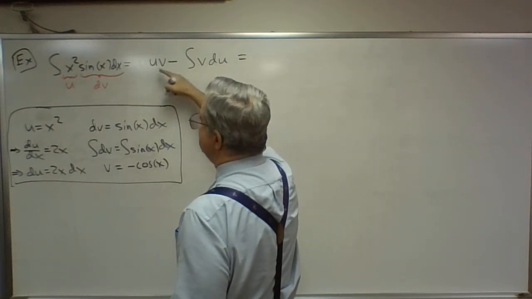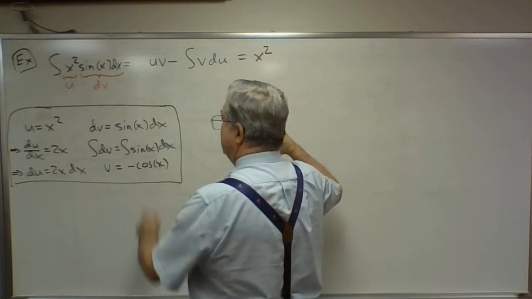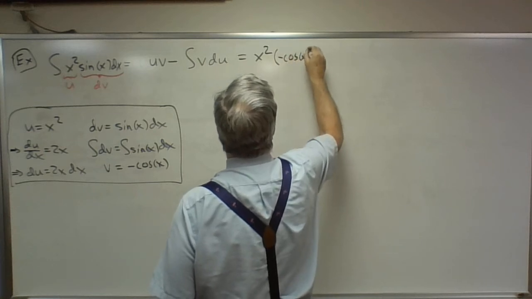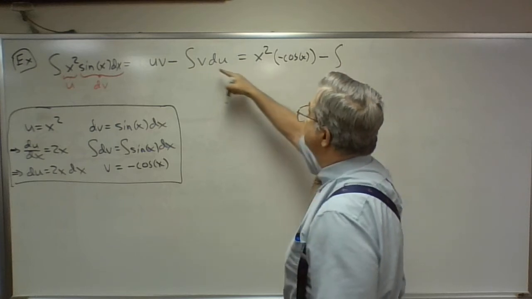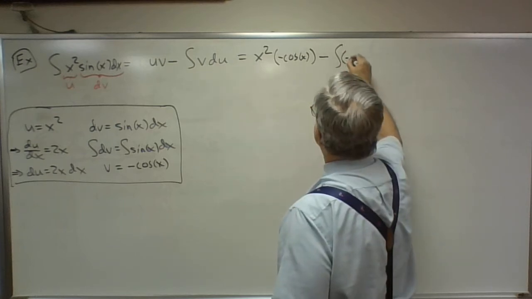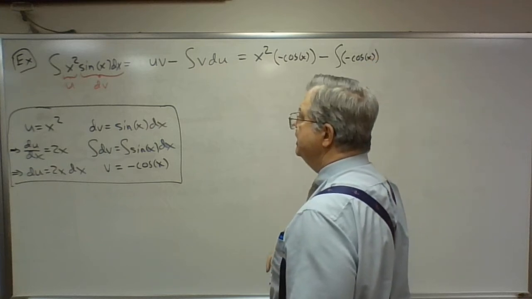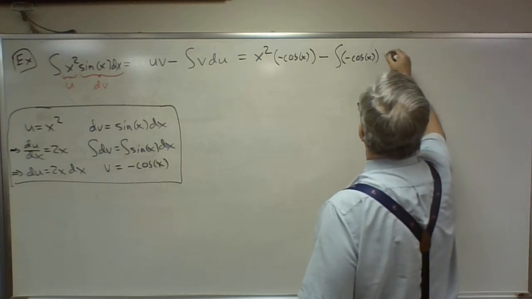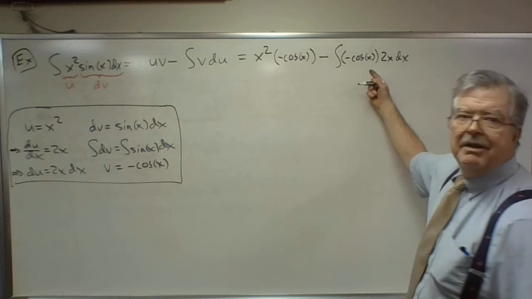We get uv: x squared times negative cosine of x, minus the integral of v, which is negative cosine of x, v du, which is 2x dx. I don't know how to integrate that.